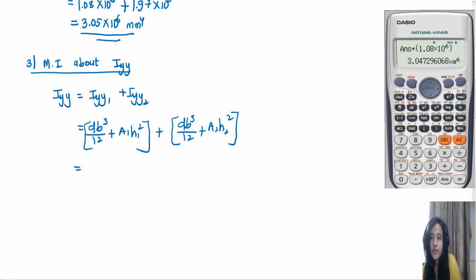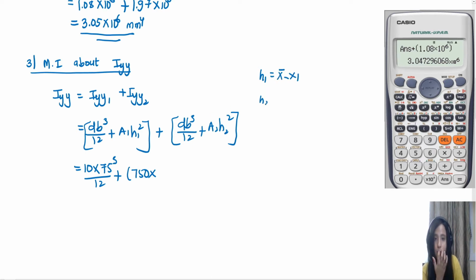So d depth here for the first section was 10 and its width was 75 cubed by 12 plus area was 750 into, now here h1 will be equal to x bar minus x1 for y, right? h2 will be equal to x bar minus x2.